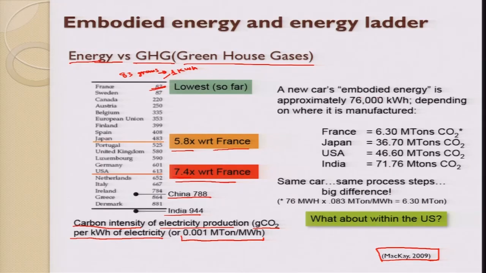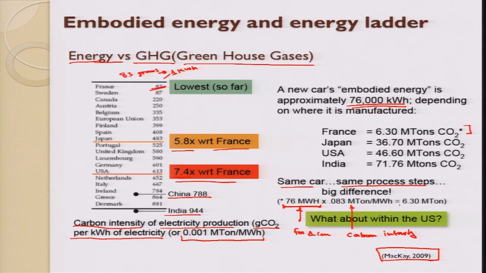So they have put an example here. The new car's embodied energy is approximately this much. For the manufacture of this car in France, the same car, same process steps, what would happen? The total energy would be the energy used to manufacture one car times the carbon intensity.